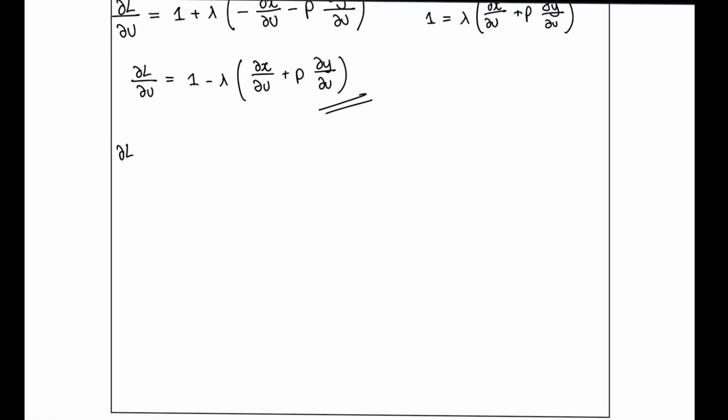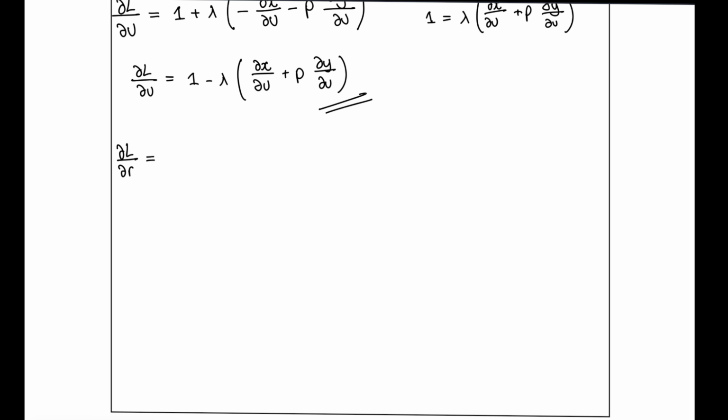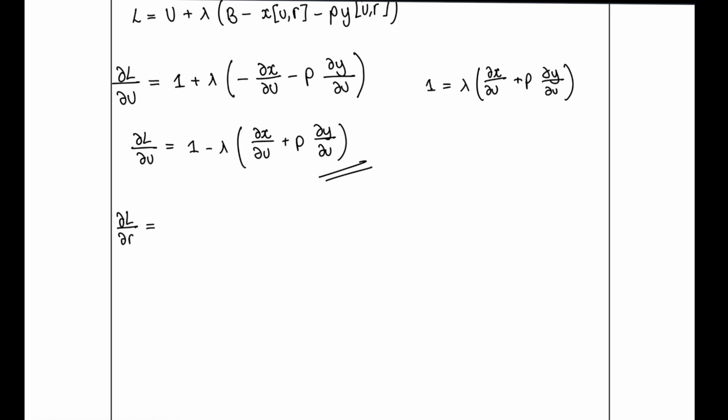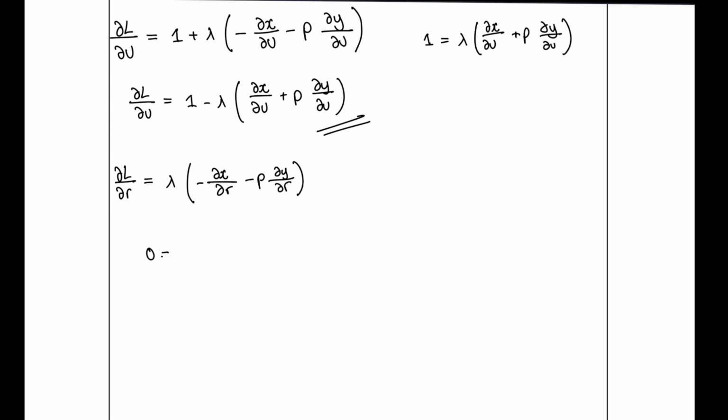If we now differentiate the Lagrangian with respect to r, we get lambda times minus the partial derivative of x with respect to r minus p times the partial derivative of the function y with respect to r. So equating this to 0, we get this.